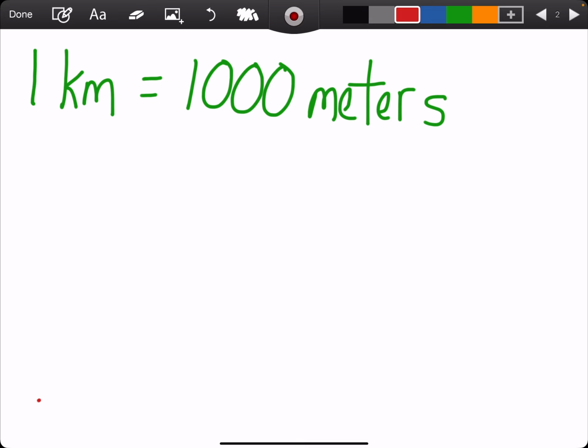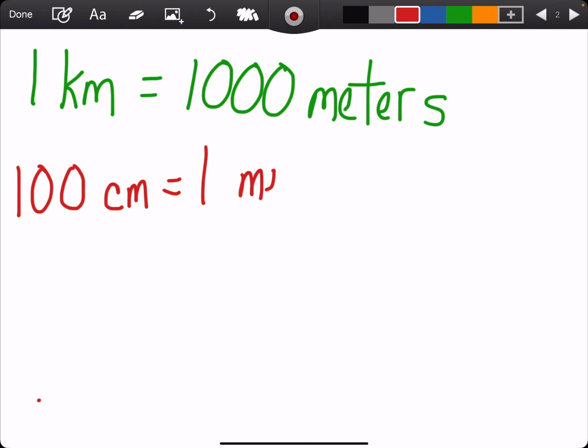We also need to know that 100 centimeters equals 1 meter. We do a lot more work with kilometers and meters, but you also need to know that 100 centimeters equals 1 meter.